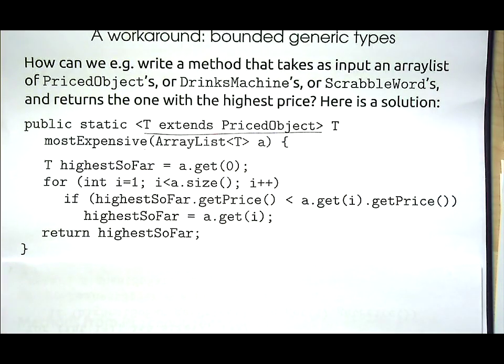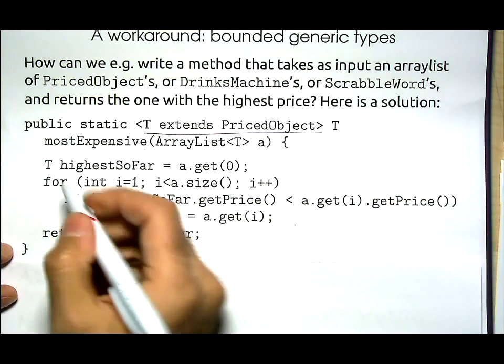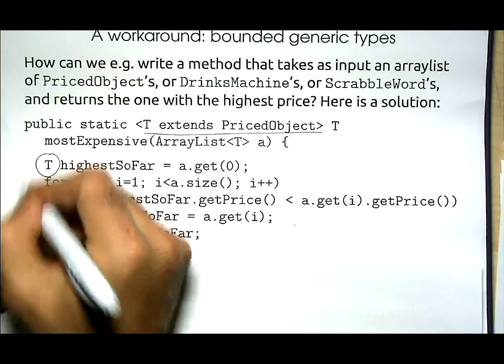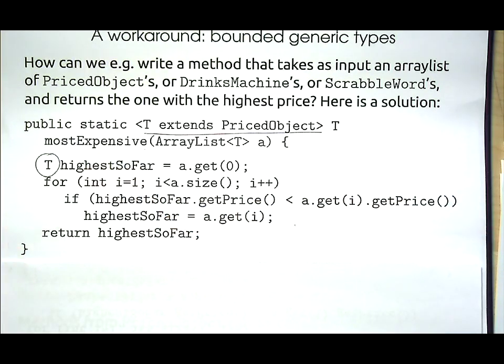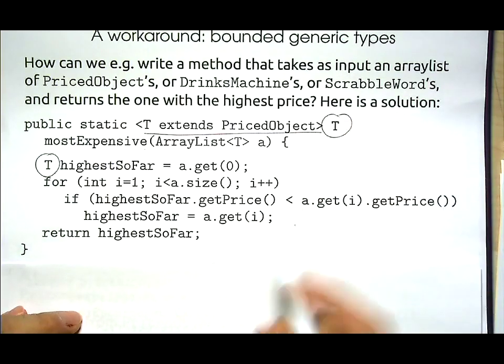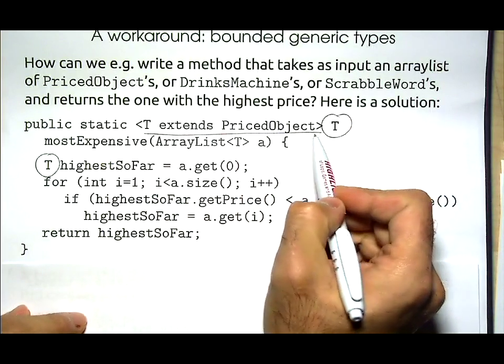So basically, I can call this method on an array list of things where the things are of a type that is a subtype of priced object. So I can call it on drinks machines and Scrabble words. Then I have the same code as before. The only change I made was this: instead of saying that this will create a priced object, it will return a T, and the overall method will return a T, which is the generic type I defined there.